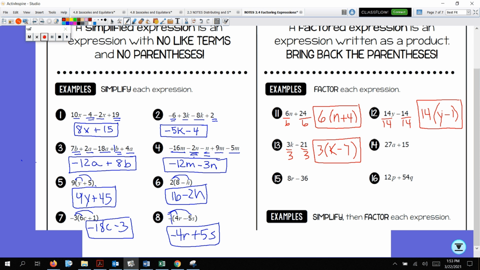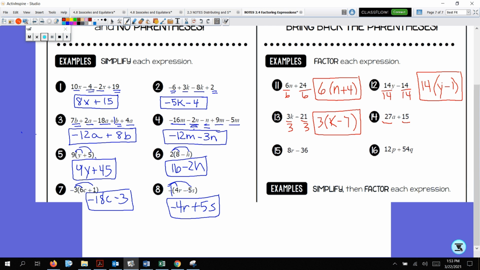All right, 27a and 15, yowza. Well, 15 does not go into 27. So let's think about the factors of 15. If you need to, I'm going to scroll this up a little bit to write it down. So we know 15 times 1, and then 5 times 3, right? Well, 15 doesn't go into 27. Does 5 go into 27? Nope. Does 3 go into 27?